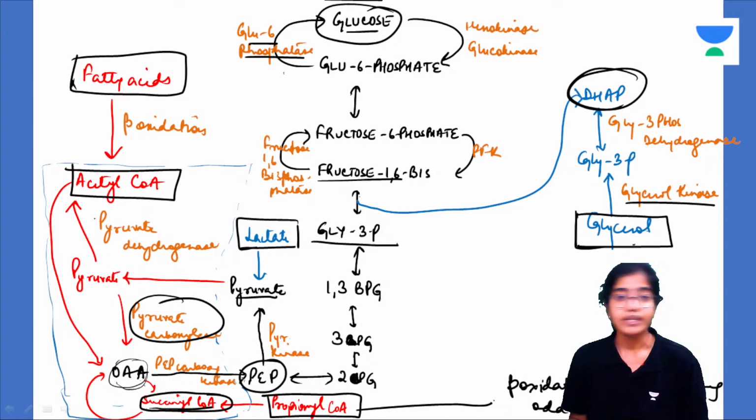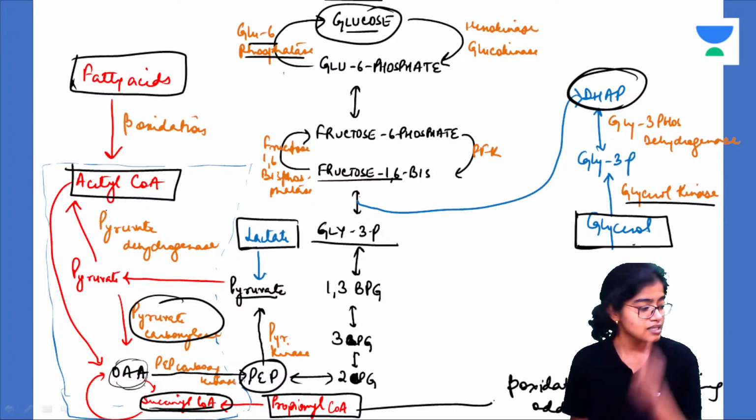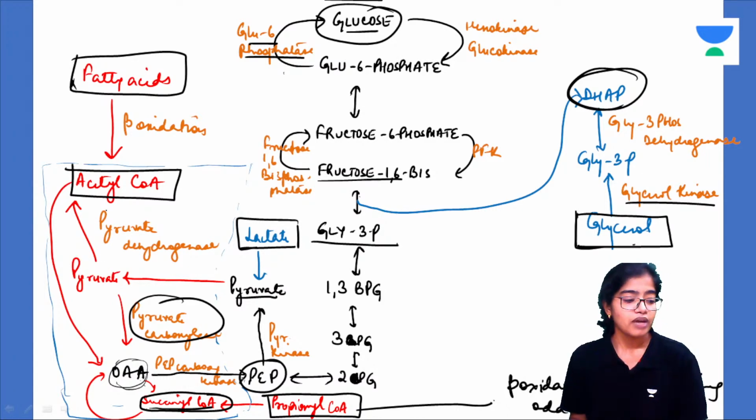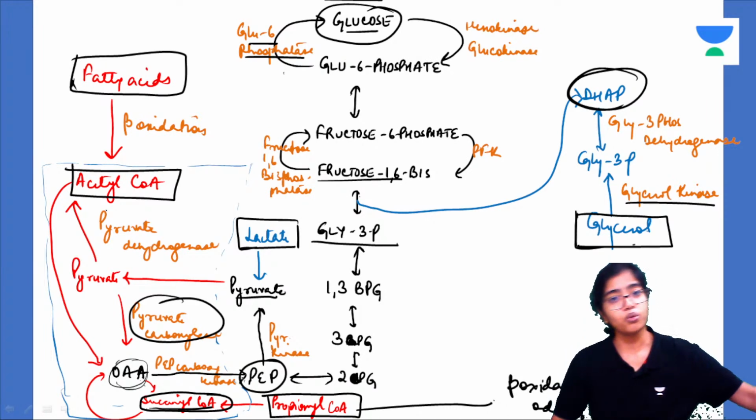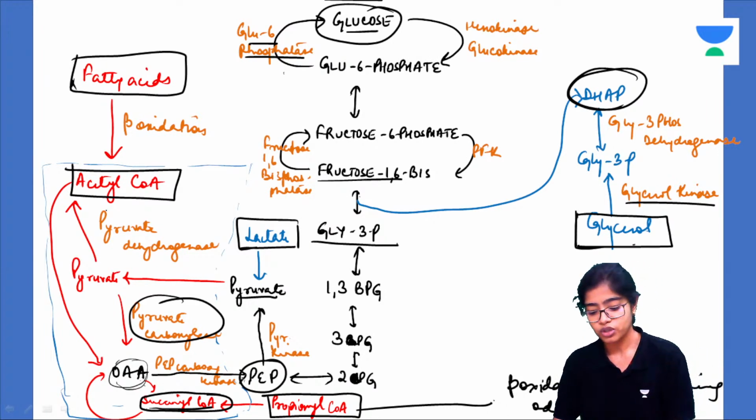And pyruvate dehydrogenase produces acetyl-CoA from pyruvate. Understood? All of you, these are the main reactions occurring in gluconeogenesis. I have tried to simplify them for you. I hope you guys have understood what gluconeogenesis is, what it means essentially, and how it occurs.